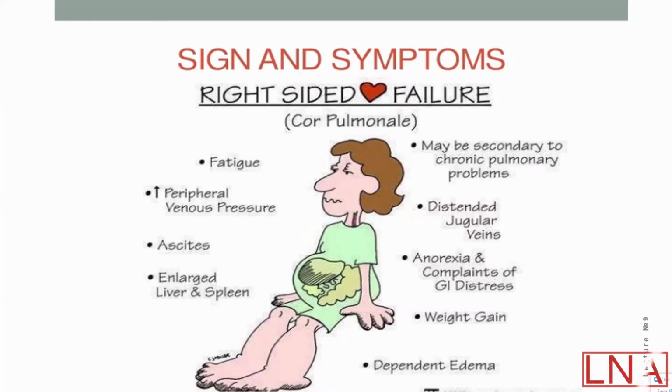Also, right side heart failure can be secondary to a chronic pulmonary problem, for example COPD. Distension of the jugular veins, anorexia and weight loss of the patient, complaints of gastrointestinal distress syndrome, weight gain, and dependent edema on the feet first.